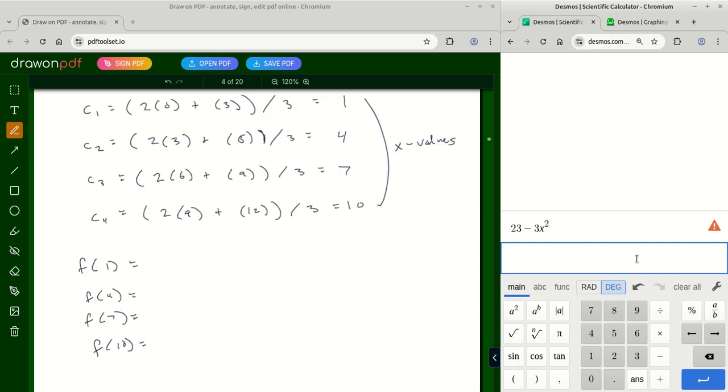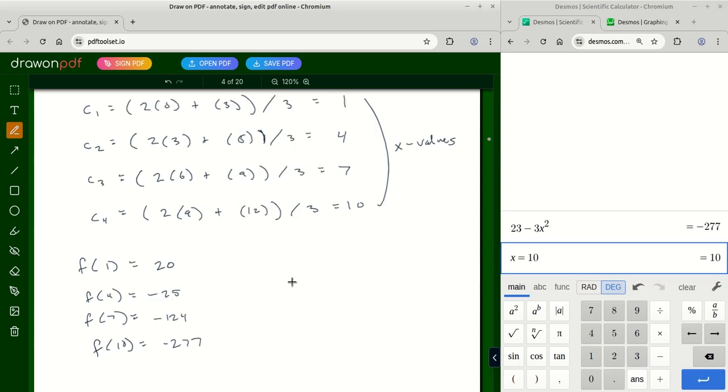And you can do that kind of thing here in Desmos, where you just say x equals 1, and you get an answer. It's actually very fast and easy. So plugging in the 4, the 7, and then the 10. Okay, awesome.